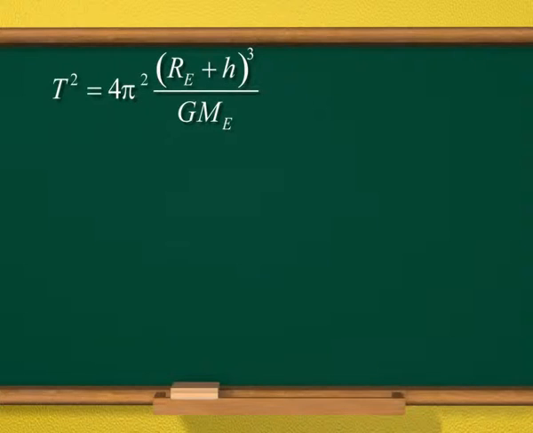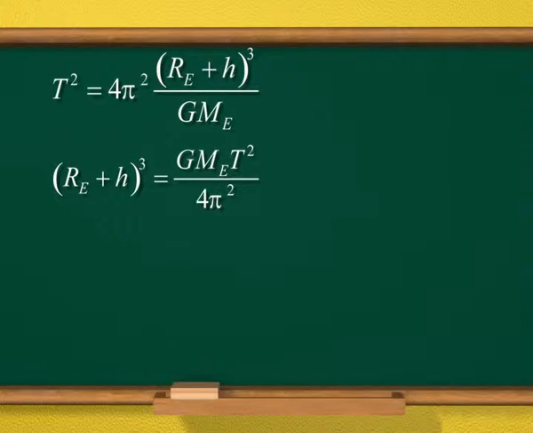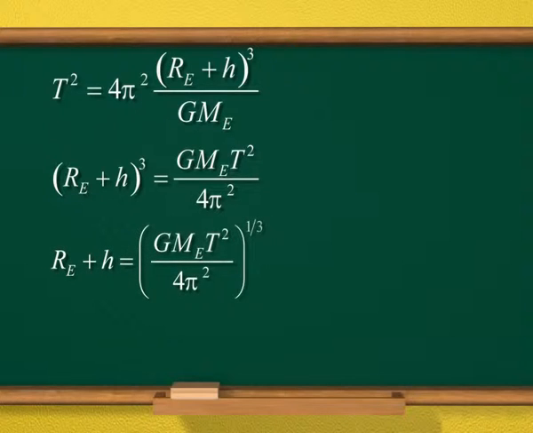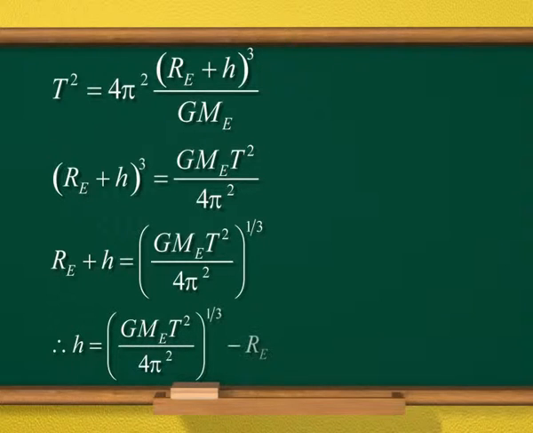On rearranging, we get cube of Re plus h equal to G Me into T square upon 4 pi square, or Re plus h is equal to cube root of G Me into T square upon 4 pi square. Therefore, h is equal to cube root of G Me into T square upon 4 pi square minus Re.